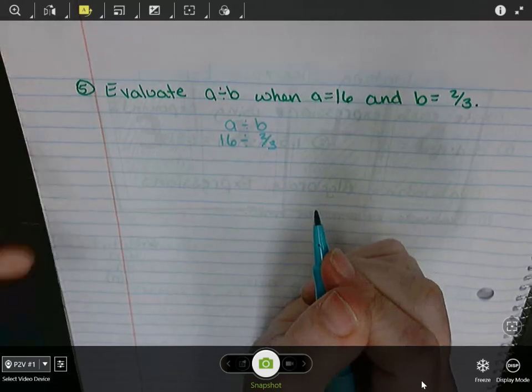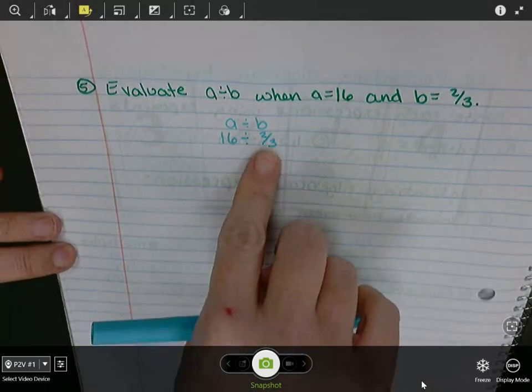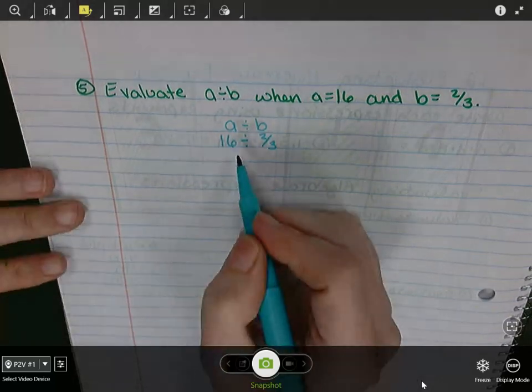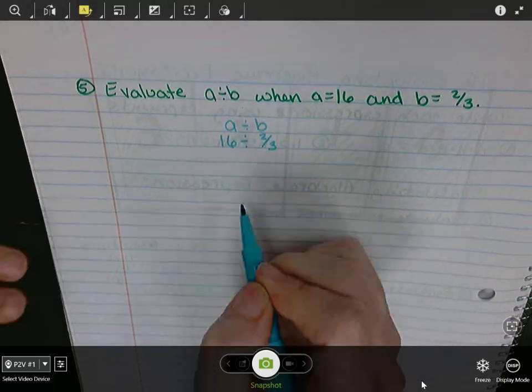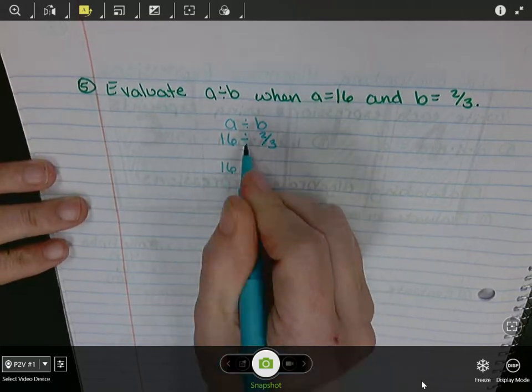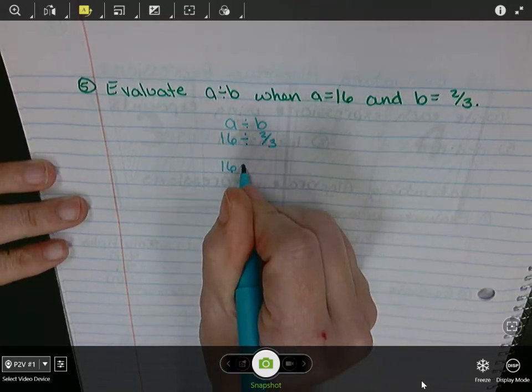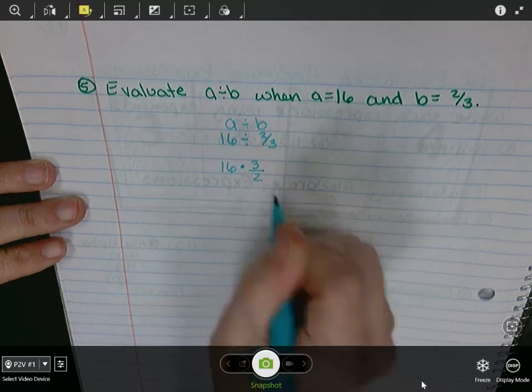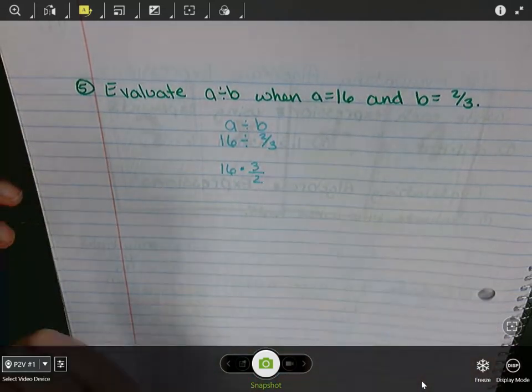Okay? Now, if you recall, dividing by a fraction, we covered this a couple chapters ago with our fractions chapter. You're going to want to do keep, change, flip. You would keep the 16, change the division to a multiplication, and then flip the 2/3 to 3/2. And now you've got 2 fractions, okay?